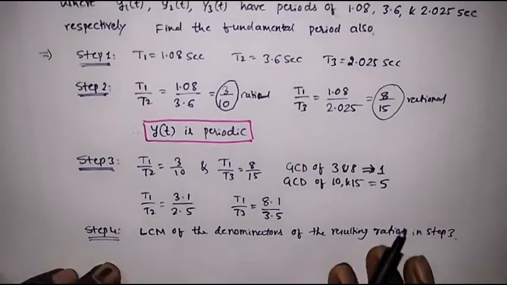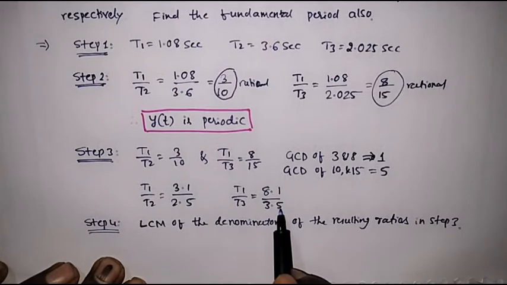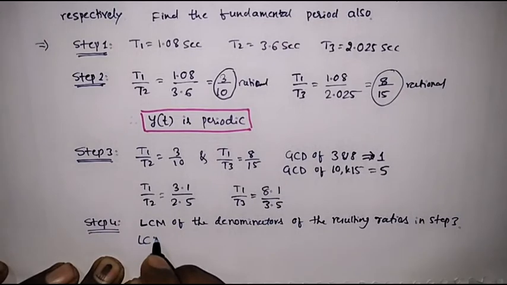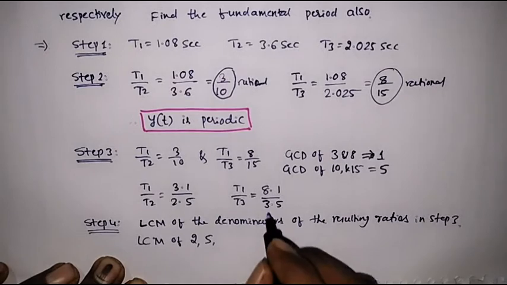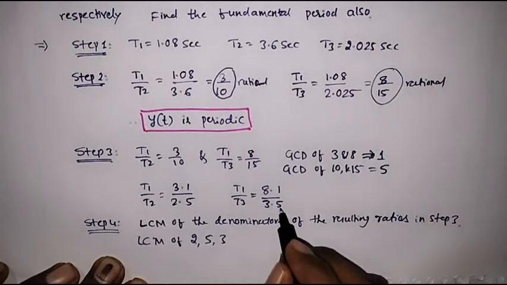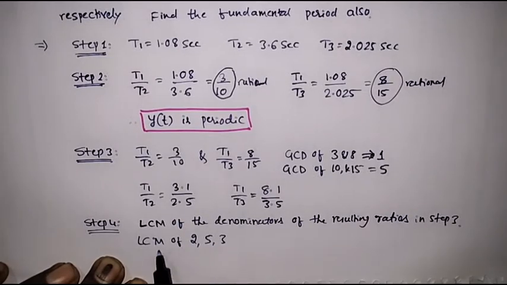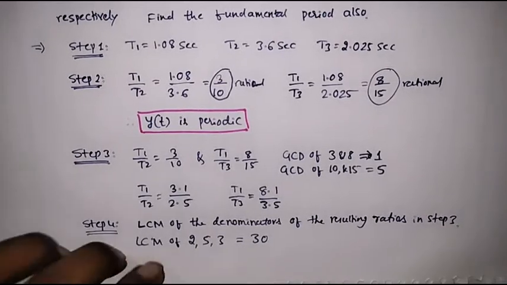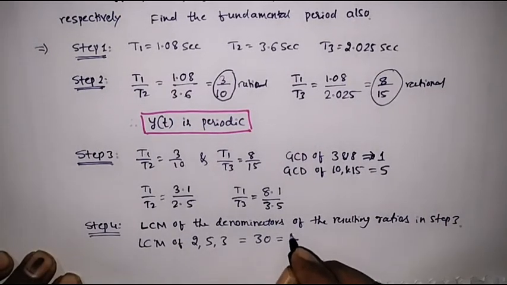So here the denominators are 2, 5, that is, 3 and 5. So we are supposed to find the LCM of 2, 5 and 3. Here we have one more 5, so already we have considered 5, so we can ignore it. Therefore the LCM of 2, 5, 3 gives us 30. So this value is equal to capital L.